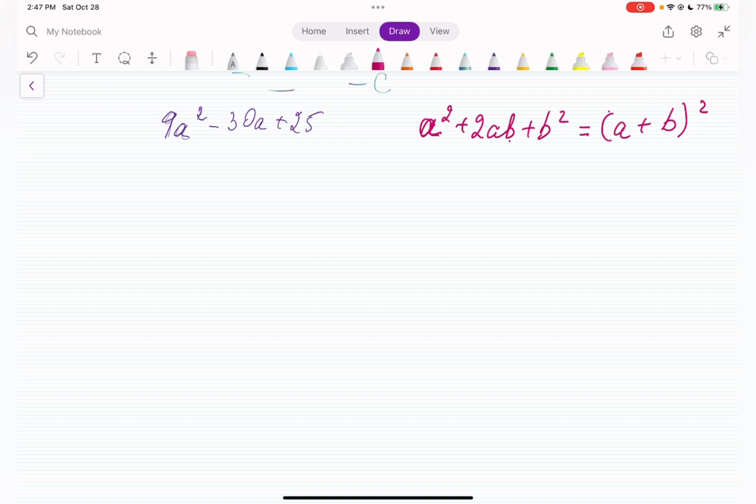We call it a perfect square. And if you have a squared minus 2ab plus b squared, you will get a minus b squared.